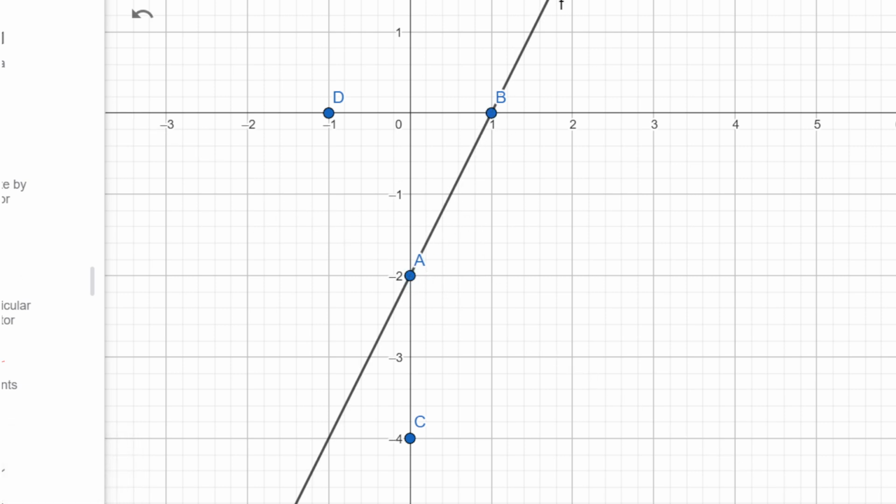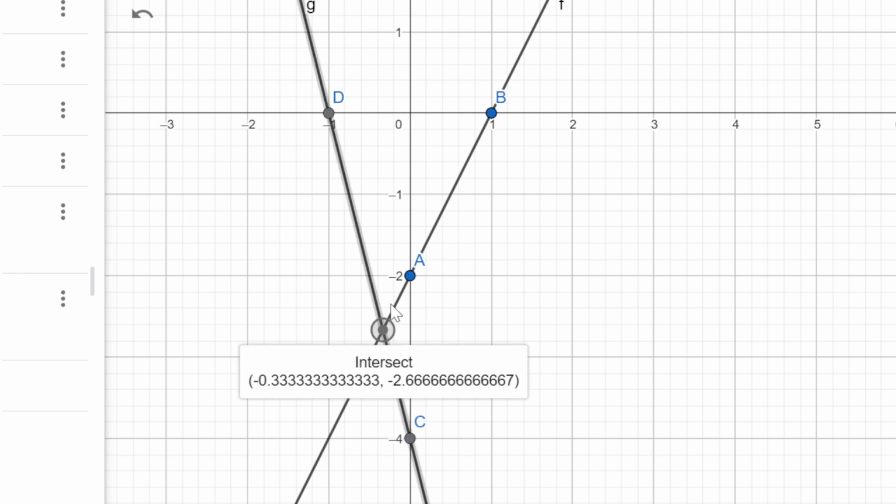This is the first equation. Second, 0 comma minus 4 and minus 1 comma 0. This is the second equation. So both these two lines are getting intersected at one point, which is this one. Okay, the point of intersection I got is minus 0.33 and minus 2.66.